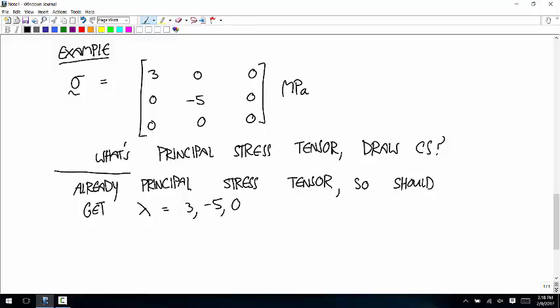When you find a coordinate system where your original stress is represented with no off-diagonal elements, all you have are diagonal elements, then that's your principal coordinate system, and those are your principal stresses.